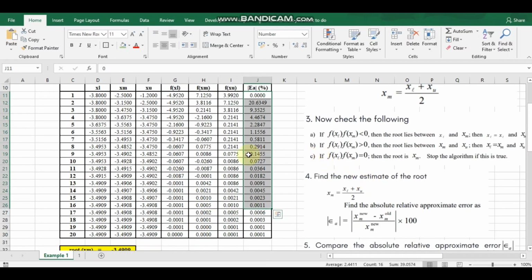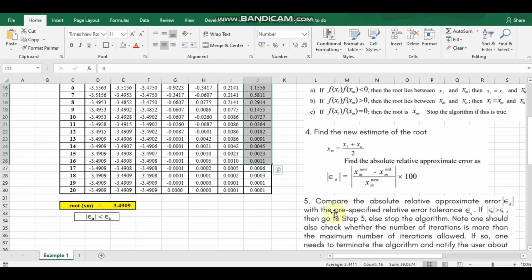Now we already solved the 20 iterations that we aimed for a while ago. Let's check our step 5. We have to compare the absolute relative approximate error with the pre-specified relative error tolerance. If it is greater than, then we have to go back to step 3.